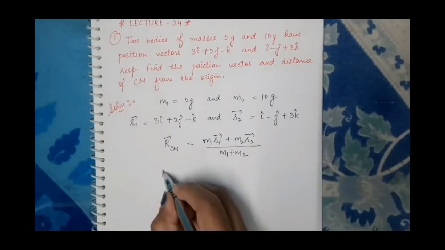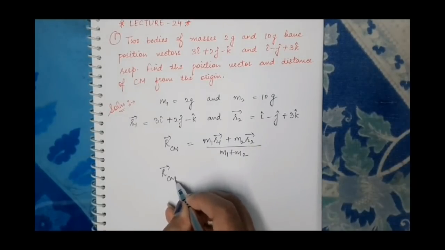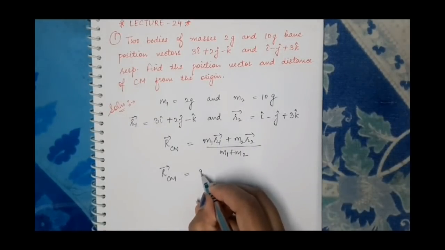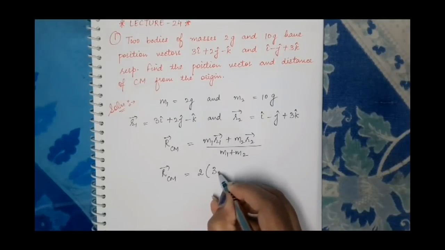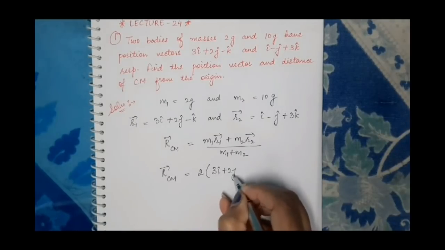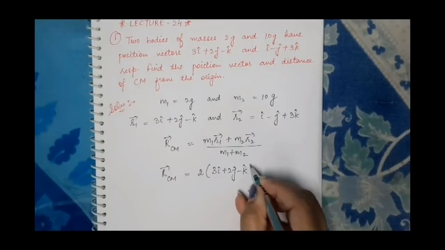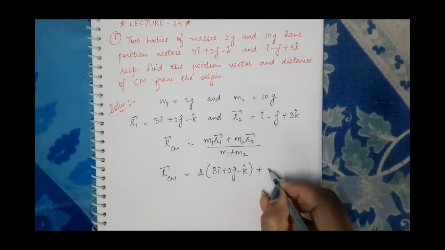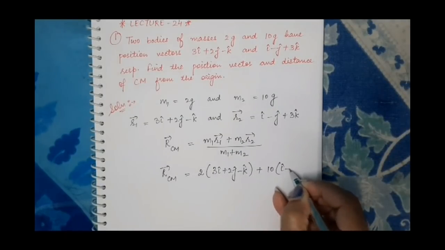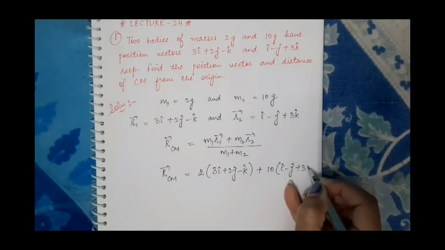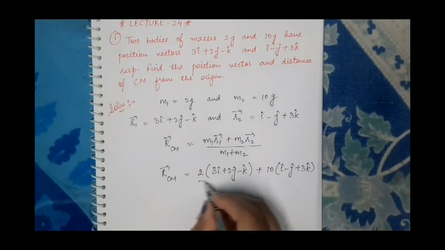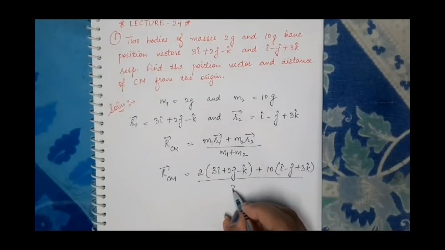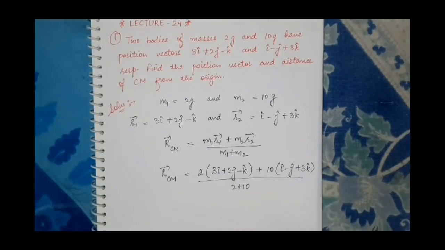So the position vector of the center of mass from the origin will be: M1 is 2, R1 vector is 3i cap plus 2j cap minus k cap, plus 10 into i cap minus j cap plus 3k cap, divided by M1 plus M2, that means 2 plus 10.